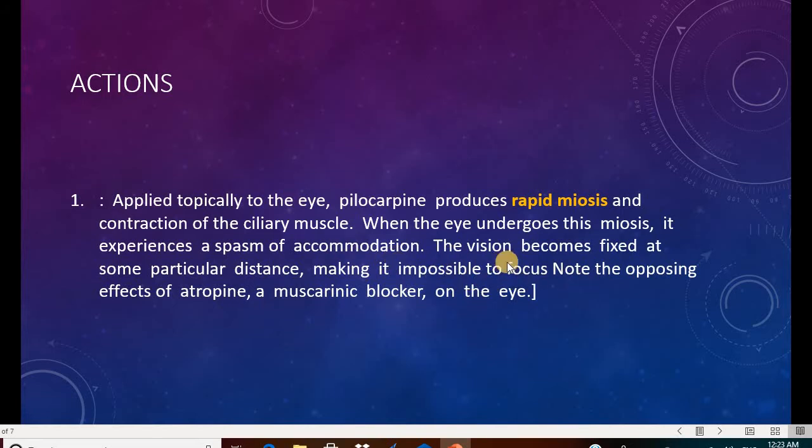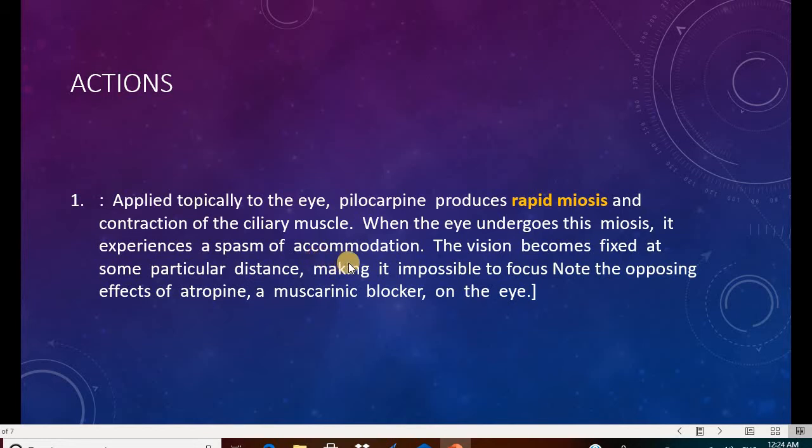If there is too much spasm of accommodation, you have to give an antidote, which is atropine, and atropine is a muscarinic blocker on the eye. So this is the point. You can use pilocarpine for causing rapid miosis. The important point is rapid miosis and contraction of the muscles, but if there is too much contraction of the muscles, it can cause a spasm of accommodation and difficulty in seeing objects at a distance.